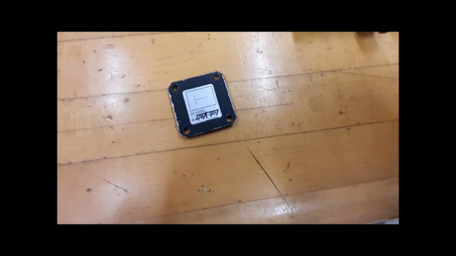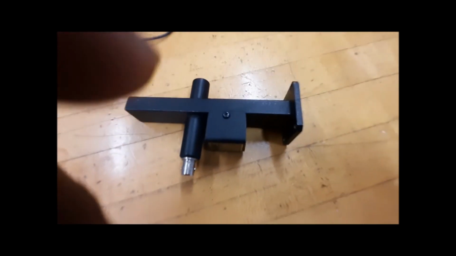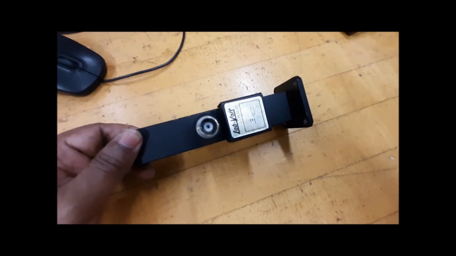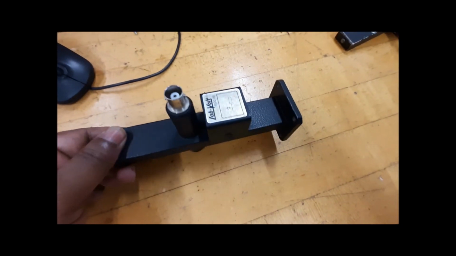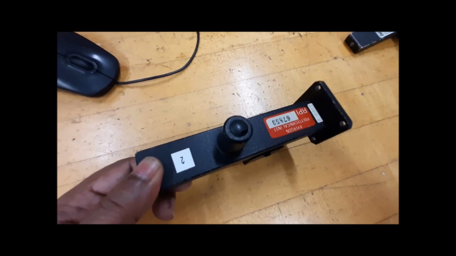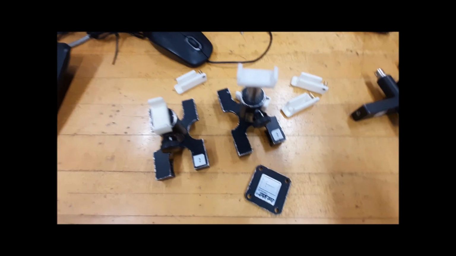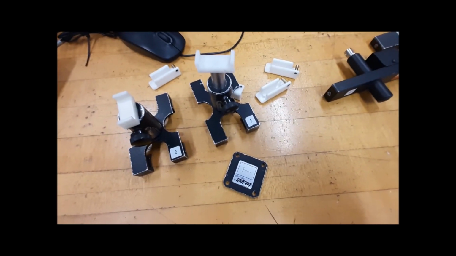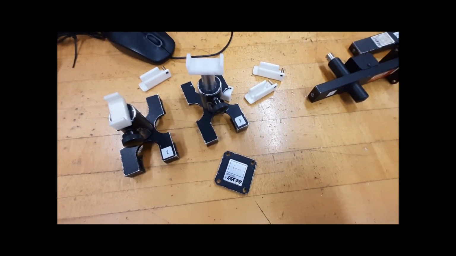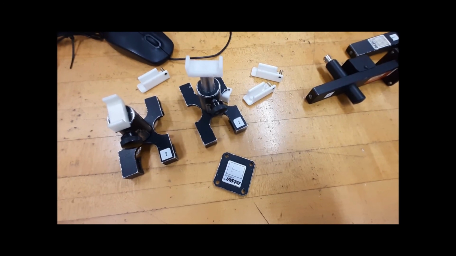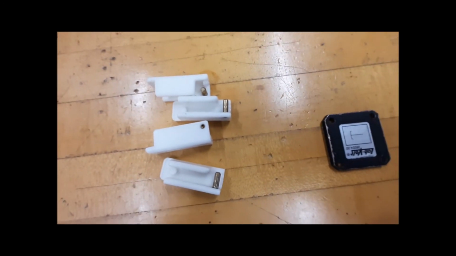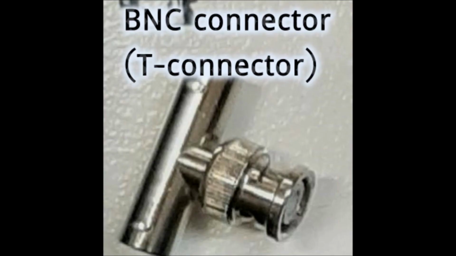So we have a matched load, we have a short circuit here, and we have a diode detector. So there are apparatus that can be used as a waveguide terminator: short circuit, matched load, thermistor mount, and diode detector. There are four devices that can be used as a terminator of the waveguide.